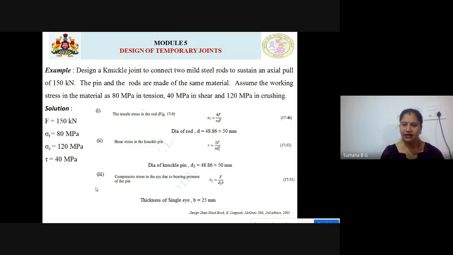Now students, read the problem thoroughly and write down the given data. From the given problem, the given data is load F equals 150 kilonewton, sigma t equals 80 MPa, tau equals 40 MPa, and crushing sigma c equals 120 MPa.